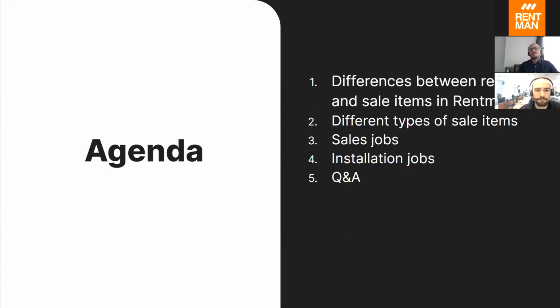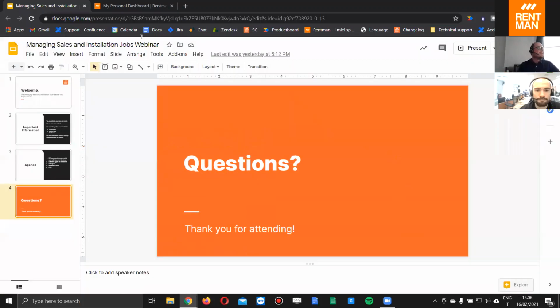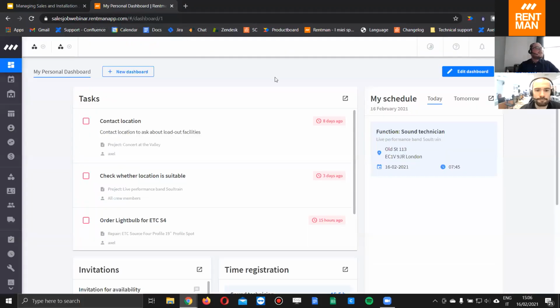And then we will actually be doing a sales job together and an installation job together. During the webinar itself, and also at the end, there will be space for questions. These will be the questions that we'll be answering out loud directly during the webinar. Right now, there are no questions, I believe, so we can jump right in and go on Rentman.